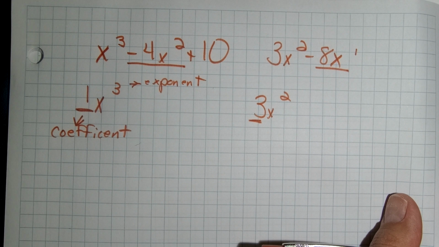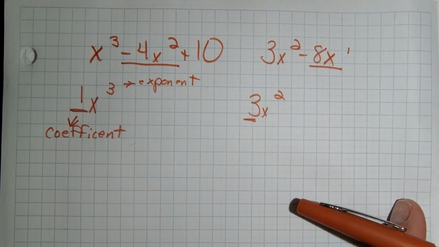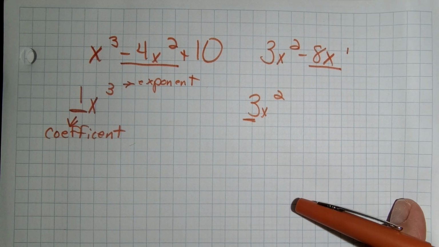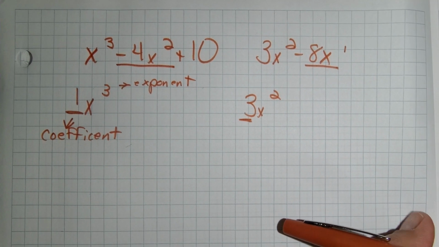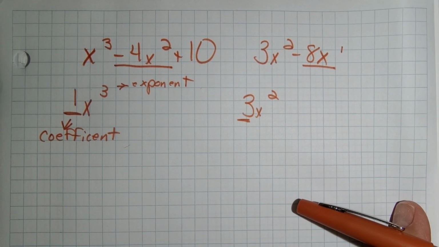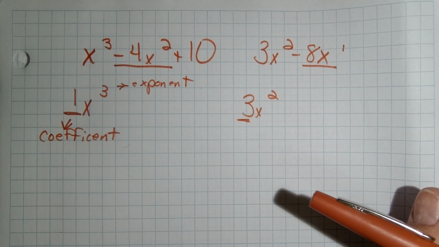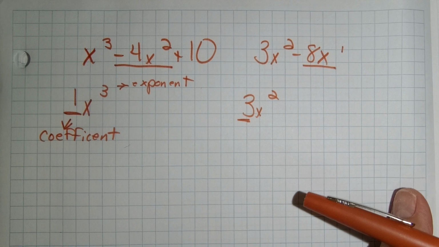It does not cancel because there's still an exponent. What happens to the exponent?